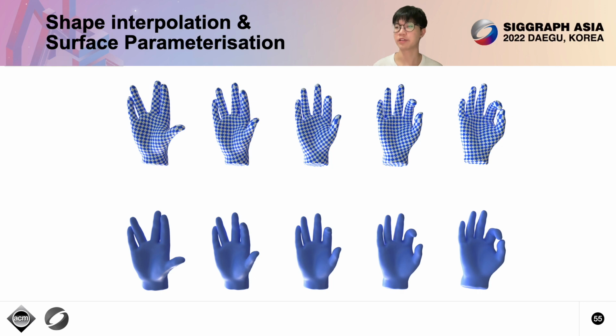Our energy can also be used in many geometry applications. Here, we show we can use the energy on shape interpolation and surface parametrization. The hands on the left and on the right are the input geometry objects. The 3 objects in the middle are the interpolation results. And next, we use our ARAP formulation to apply surface parametrization on the hand surface.